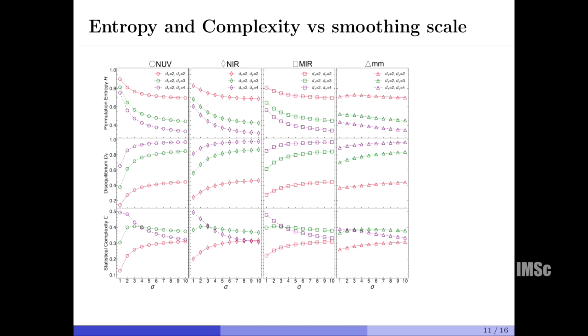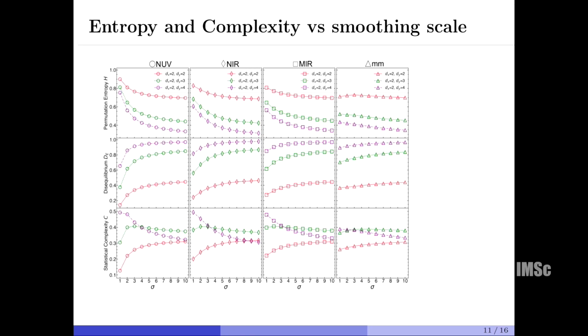Okay, so I start with the results. First we measured how the entropy and the complexity behave. As we increase the smoothing scale, where sigma is the smoothing scale in units, 1 means 20, then 30, 40, 60 and so on, you can see that the entropy decreases as you go to higher smoothing scale.